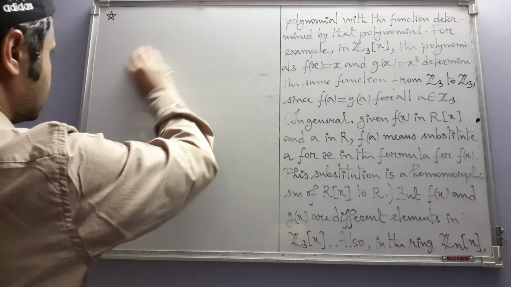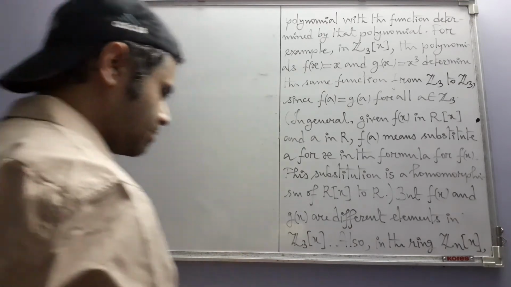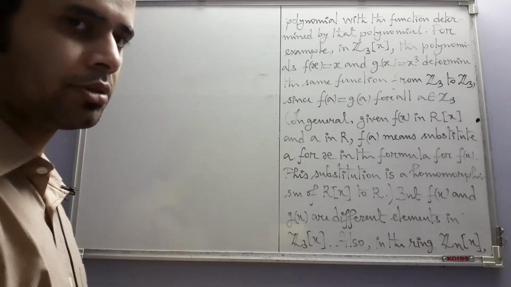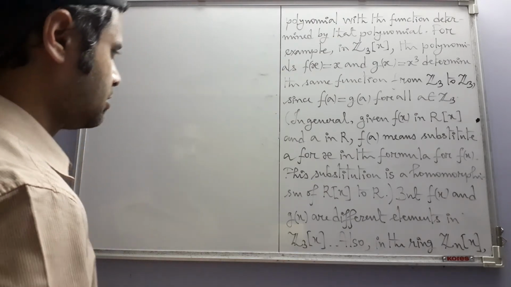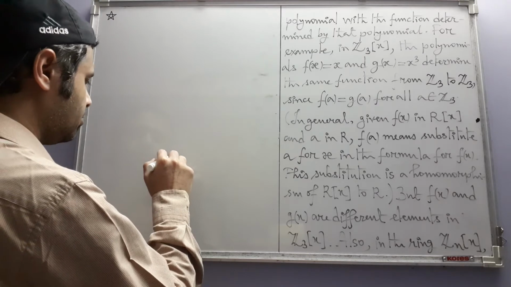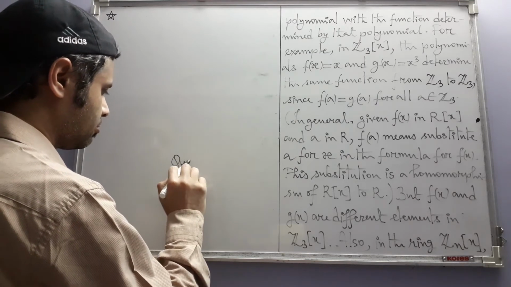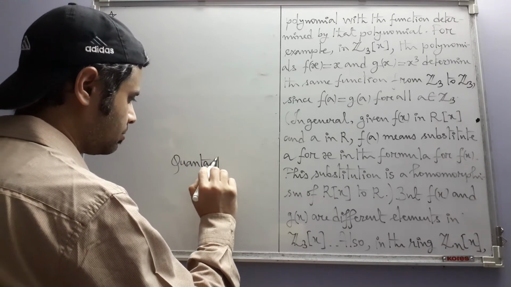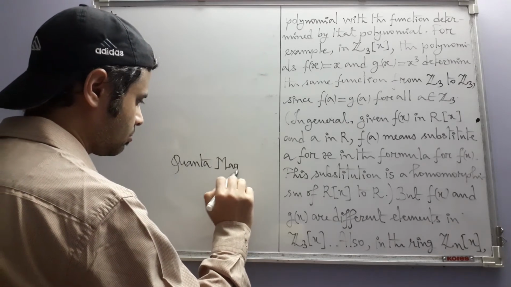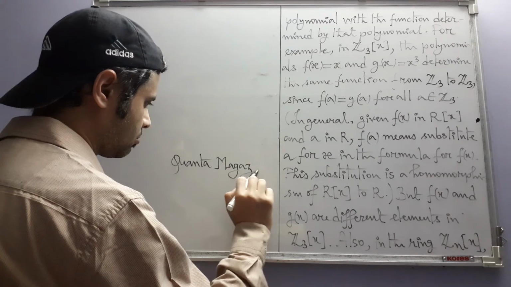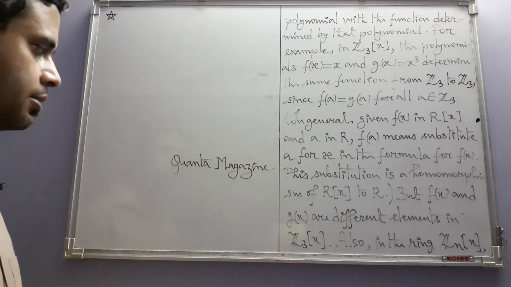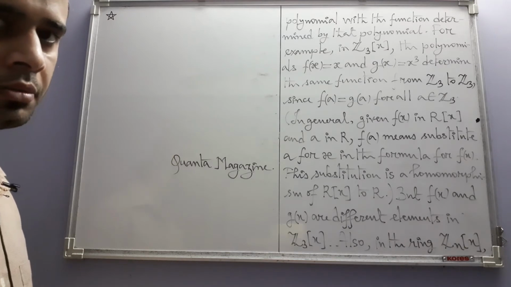If you want to roughly know what is going on in mathematics or physics or computer science, what research is going on, you can look here. You will find many nice articles in Quantum magazine.